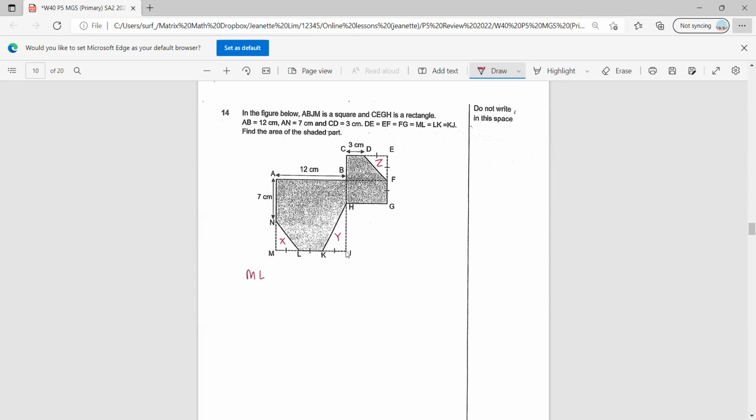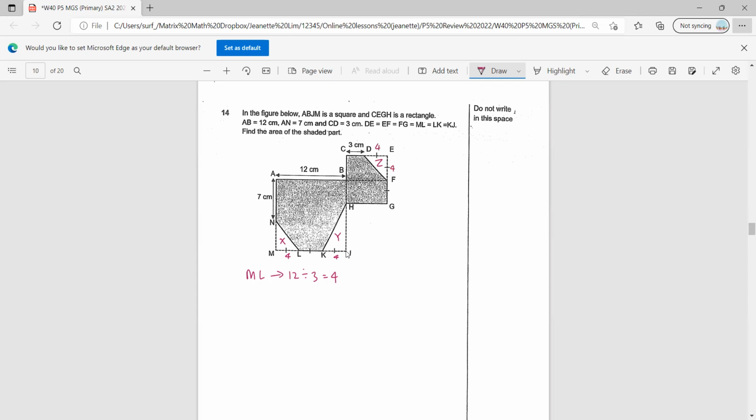So we get 4. So this is 4. This is 4. So Z can find already, right?